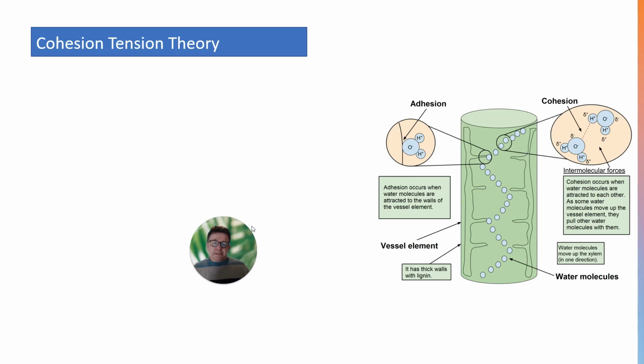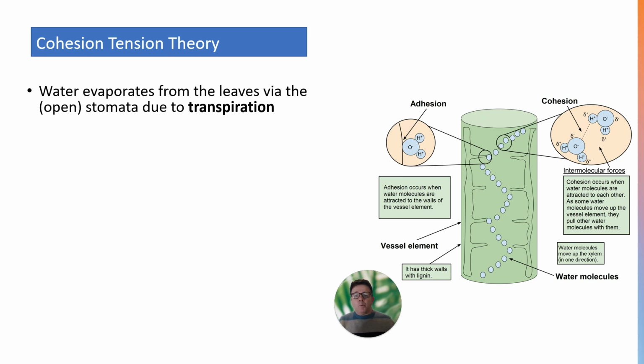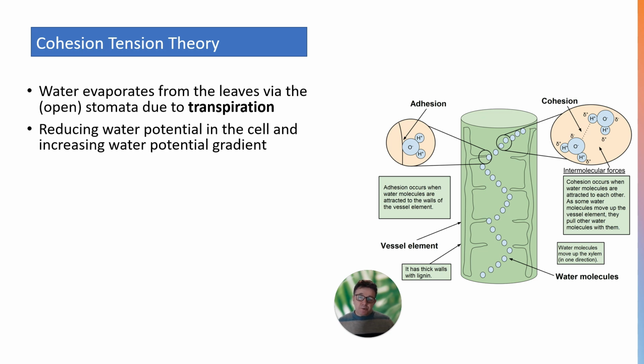So to summarize all of that in one exemplar answer, water evaporates from the leaves via the stomata due to transpiration. This reduces the water potential in the cell, and it increases the water potential gradient. So water is drawn out of the xylem into the leaf and through the stoma.